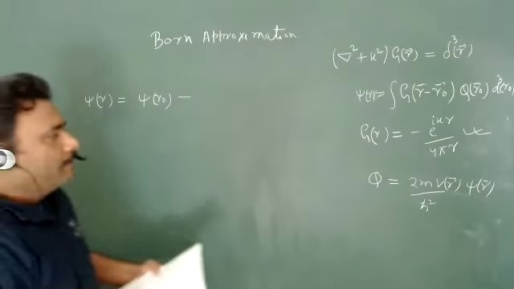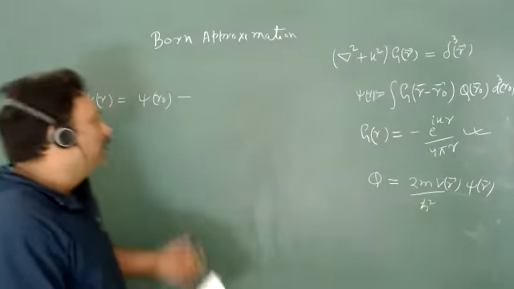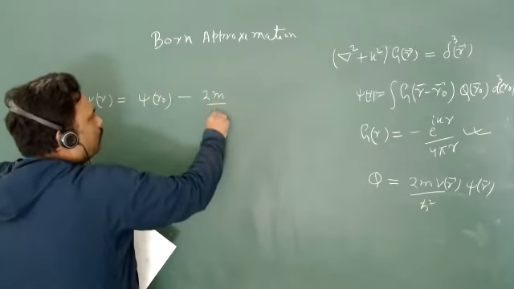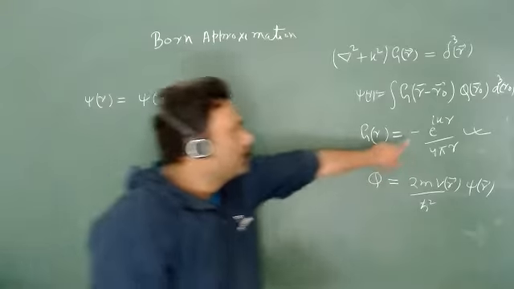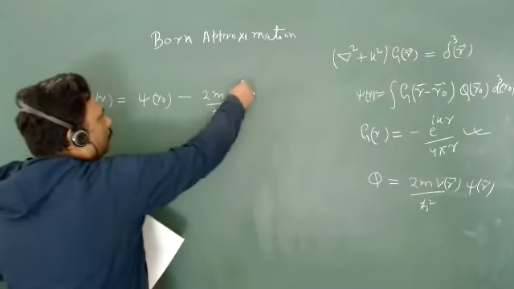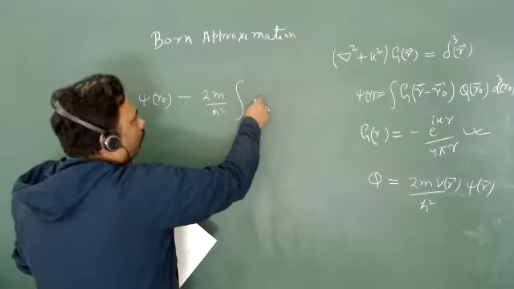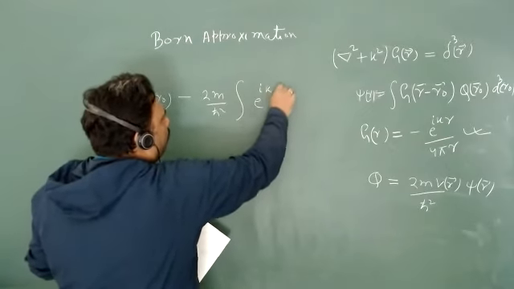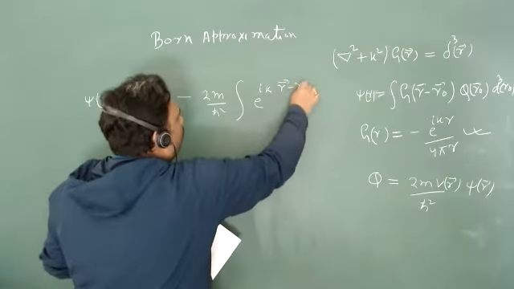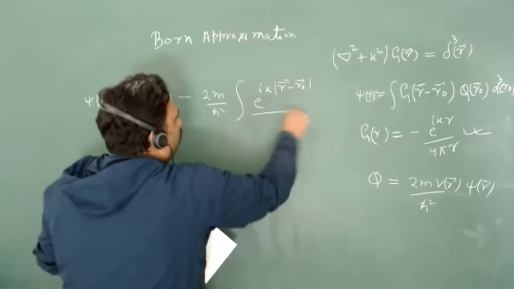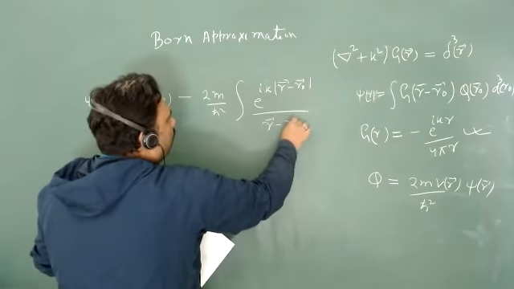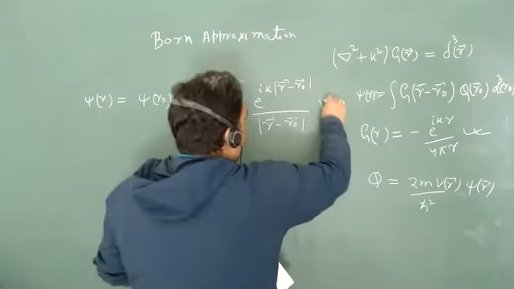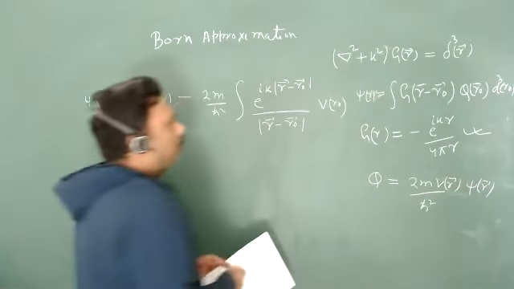So obviously we can take 2m upon h cut square outside, and we have minus 2m upon h cut square. Why this minus? Due to this one. So we have integration of e to the power i k mod r minus r naught upon mod r minus r naught, and we have v r naught.